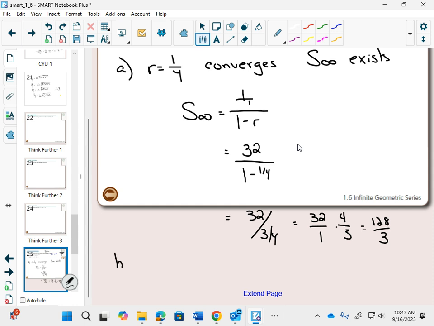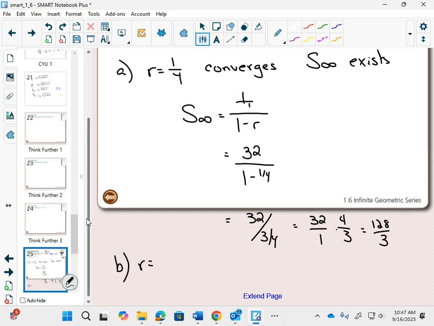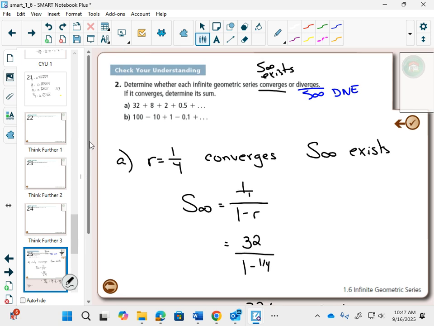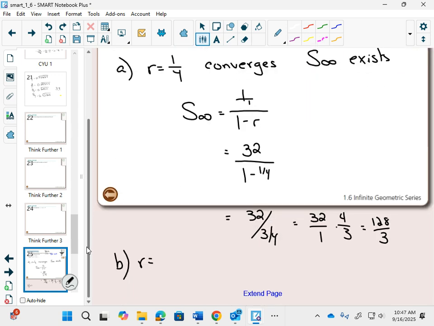Okay, in part B, what's our R value in part B? Looks like we're dividing by 10, and you see how it's switching positive and negative. If you're ever unsure what the R value is, you can pick any two in a row. Okay?